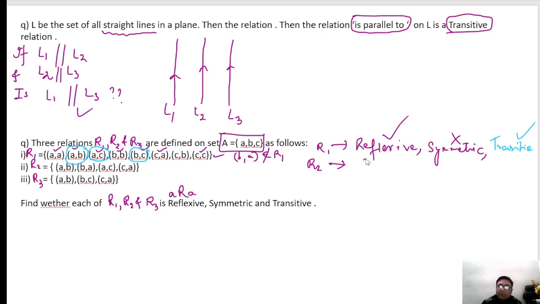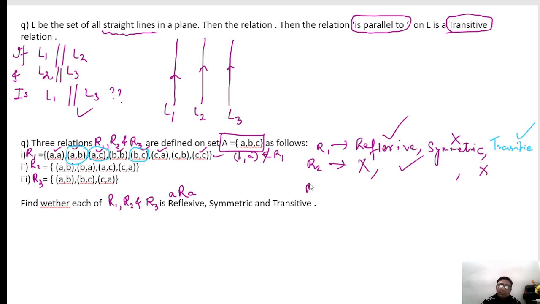So it is not reflexive. If AB is there, क्या BA है? Yes. If AC is there, क्या CA है? Yes. That means it is symmetric. Next come to transitive. If AB is there, BC is there, तो BC तो है नहीं, BC भी नहीं है, right? BC is also not there. That means it is not a transitive relation.